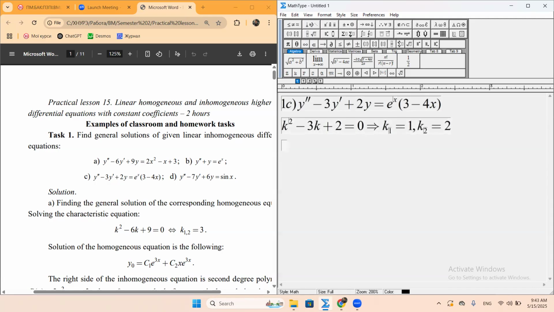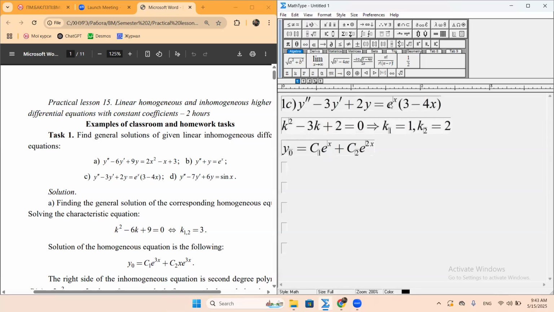So the solution of the homogeneous equation will be c1 e to the power of x plus c2 e to the power of 2x. They correspond to the roots of the characteristic equation, and all roots are simple, so the multiplicity of both of them equals 1.